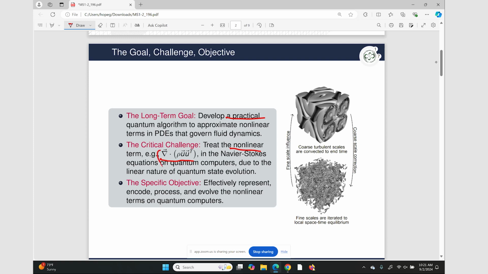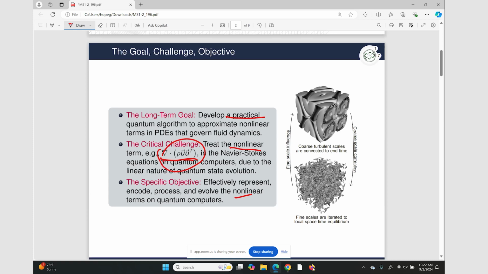This is my interest. Can we first tackle the nonlinear term? It is really representative of many partial differential equations governing fluid dynamics problems. So this is the core term I am focusing on. The specific objective is how to efficiently represent, encode, process, and evolve these nonlinear terms on a quantum computer.